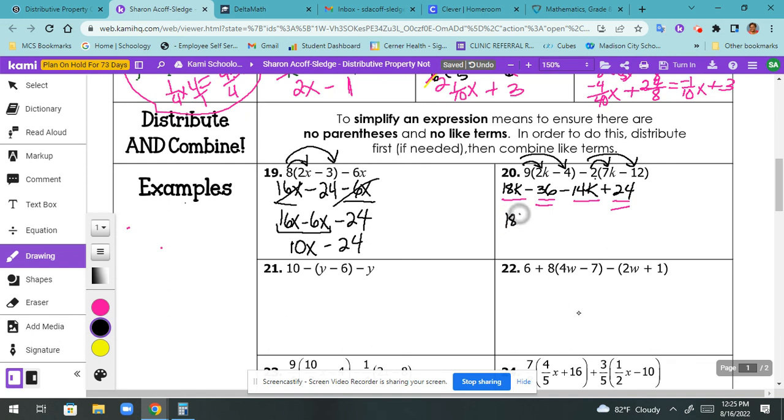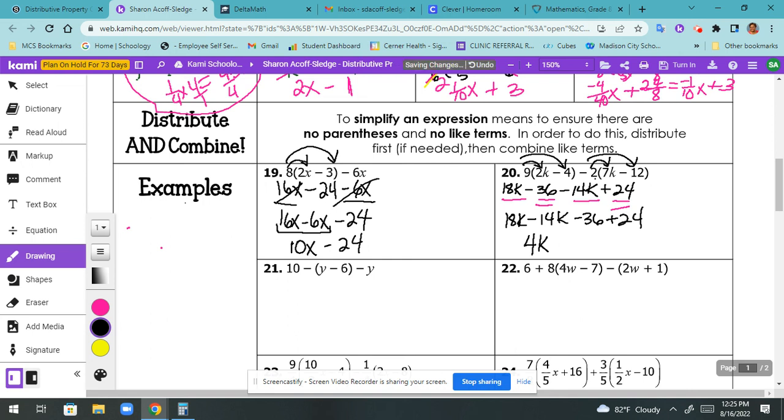So I'm going to put my like terms together, 18K minus 14K, and then minus 36 plus 24. Now remember, the sign in front of the number goes with the number behind it. 18K minus 14K is how many Ks? 4.